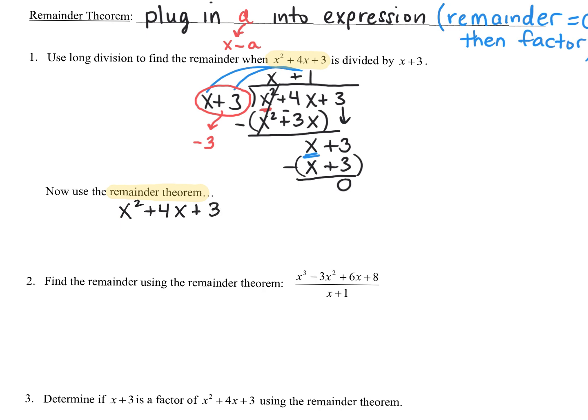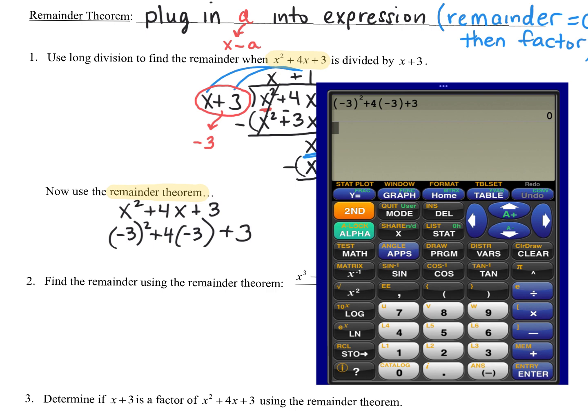So now I'm going to substitute in -3 squared plus 4 times -3 plus 3. So let's see what we get when we have this. So I'm going to have my calculator here. When I plug in -3 into my calculator, it is equal to 0. And that matches the 0 that we got when I did it with long division.